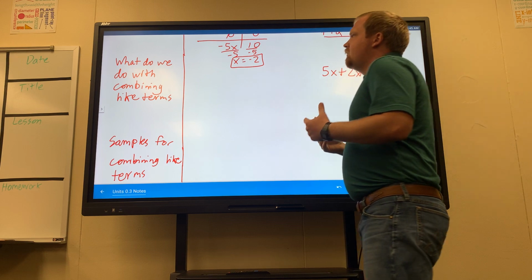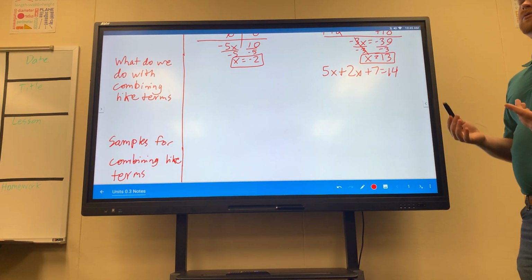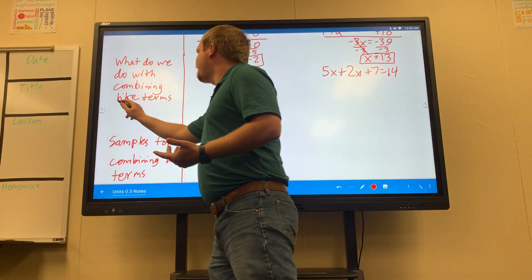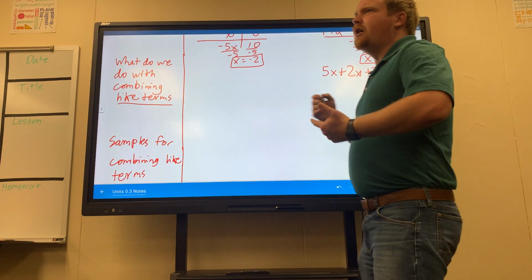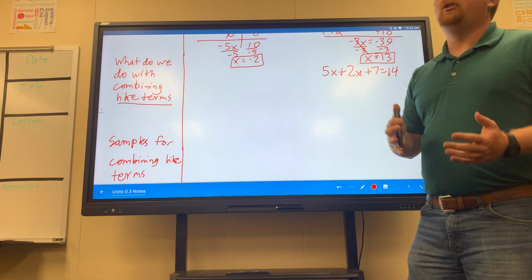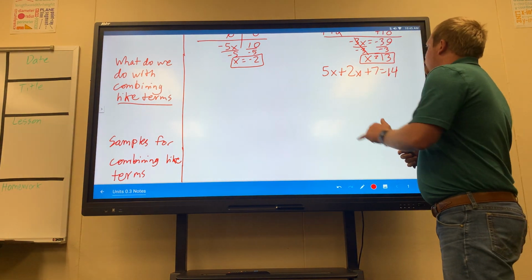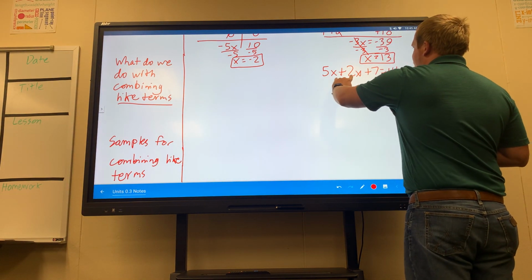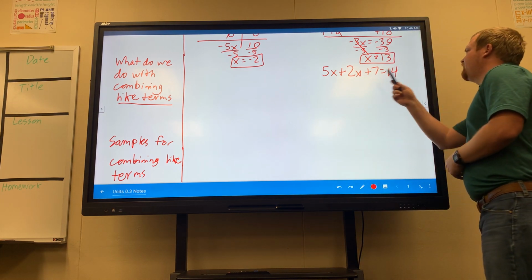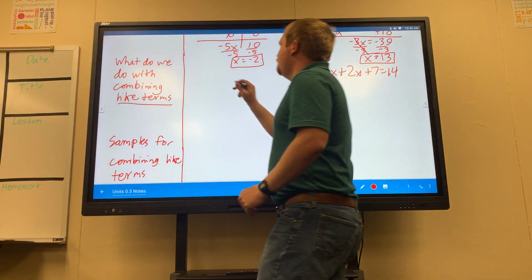Now, what do we do with combining like terms? Well, first off, what are like terms? Like terms are basically any terms that are similar to each other. So for example, I have 5x plus 2x plus 7 equals 14.